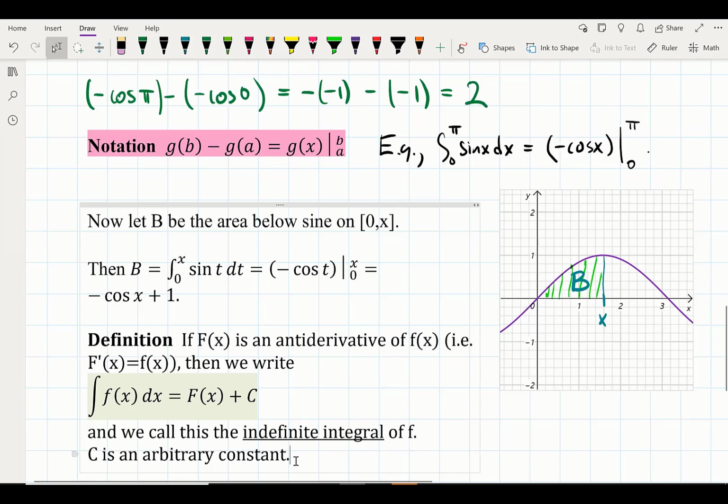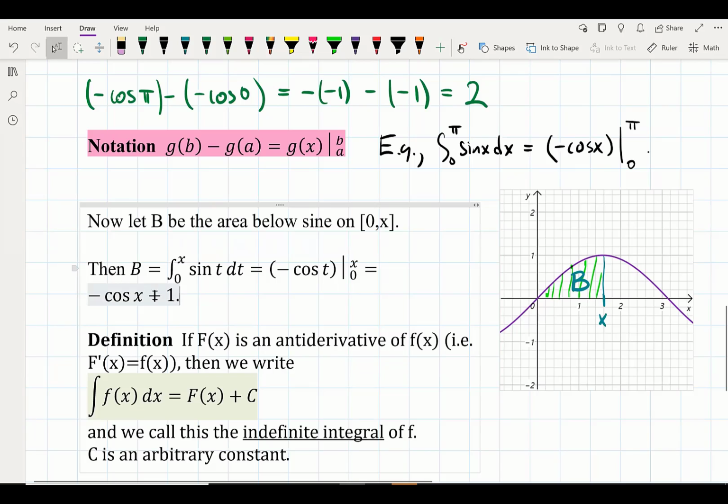Indefinite integrals, even though they're the same thing as antiderivatives, arose through a different motivation. It's what I was trying to say here when I stuck in an x as the upper limit of a definite integral.